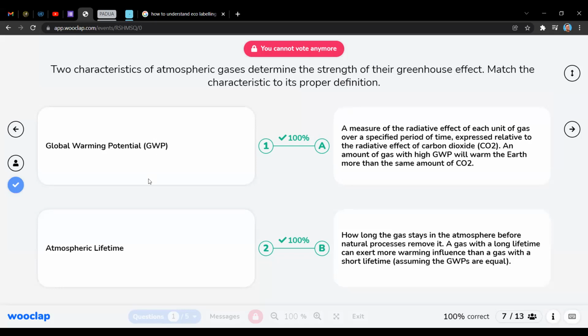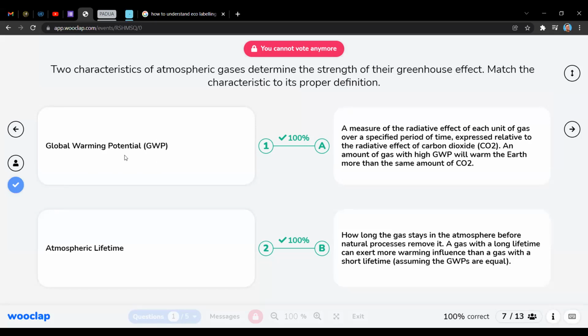All these gases that we talk about, greenhouse gases, have two characteristics. Either it can store up a lot of energy, or it can stay for a longer period in the atmosphere. A good example is carbon dioxide and methane. Methane has a higher global warming potential, but a shorter atmospheric lifetime. So it is bad because it can store up a lot of heat compared to carbon dioxide.